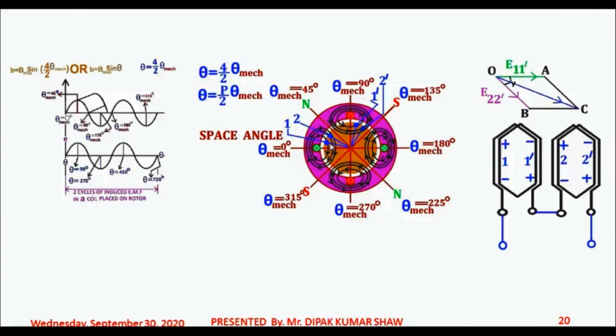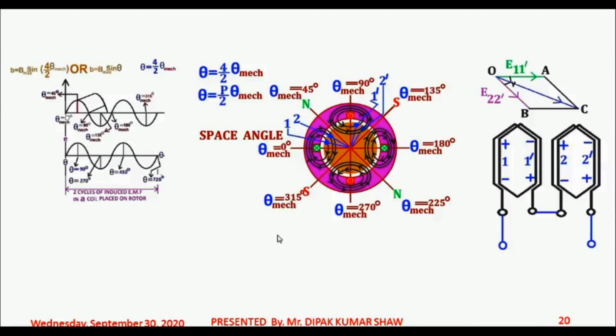But if the mechanical span has to be found out, then you have to write theta mechanical equals 2 by P into theta electrical. So if the coil is a full pitch coil, then theta is 180 degree. I mean to say the electrical degree is 180. Theta mechanical we want to find, and P is the number of poles, that is 4.